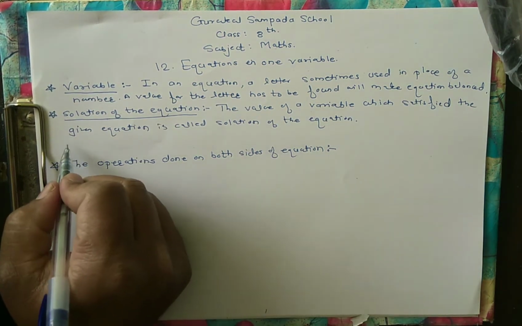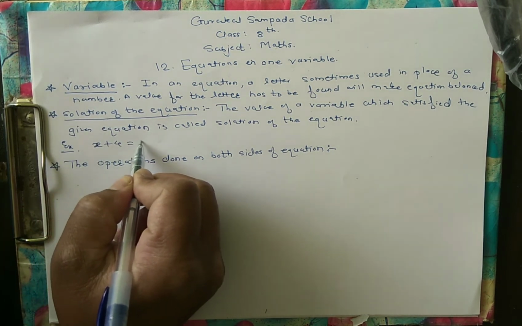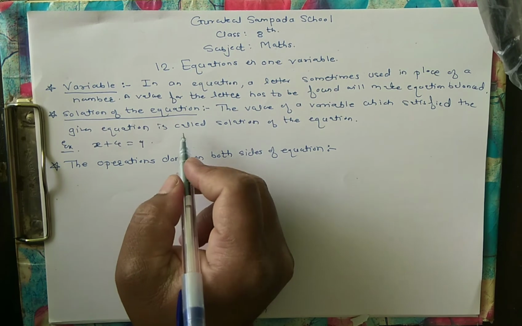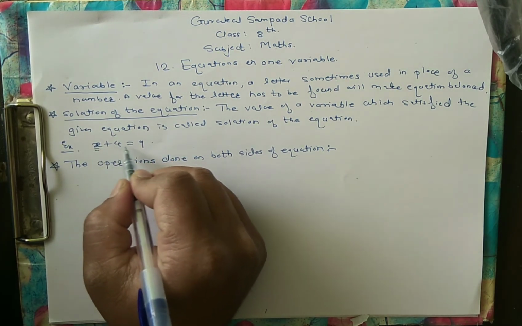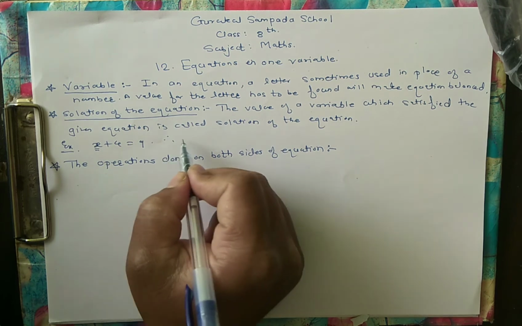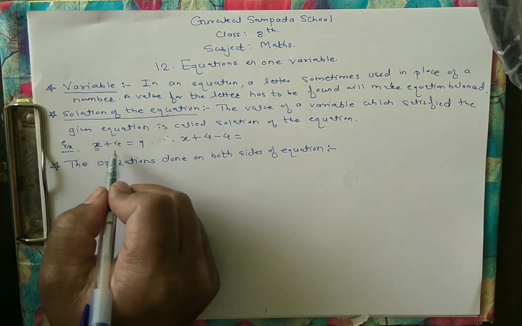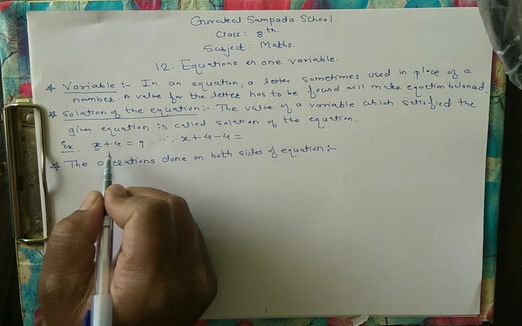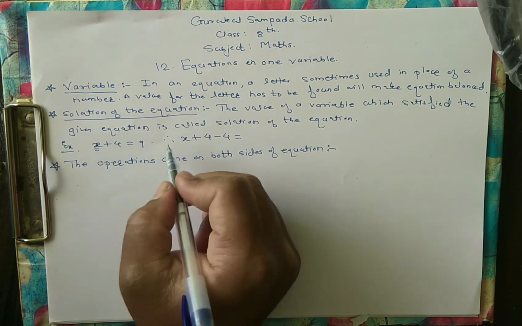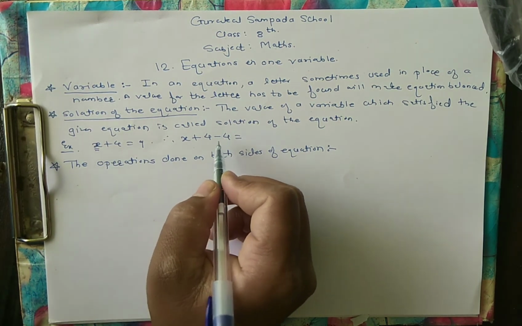Suppose we consider one example, x plus 4 is equal to 9. Here we want to find the value of the variable which balances this equation. On the left side we need only x, so we add minus 4 to plus 4, it cancels and the answer is 0.